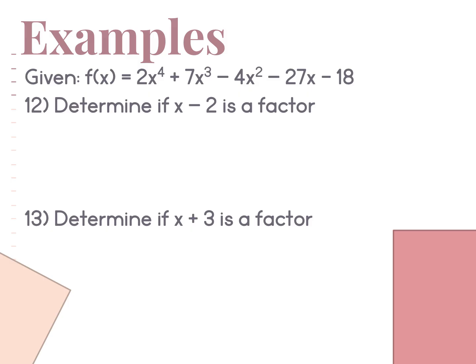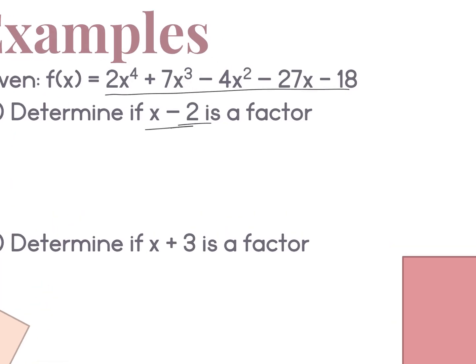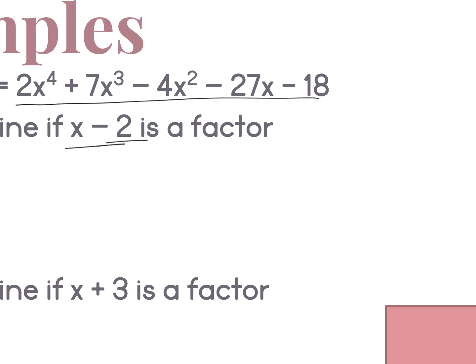I've given you this polynomial, and I want you to determine if x minus 2 is a factor. Let me write this down. x minus 2 is a factor if the remainder equals 0. If I do my synthetic division and I get a remainder of 0, then x minus 2 is a factor.